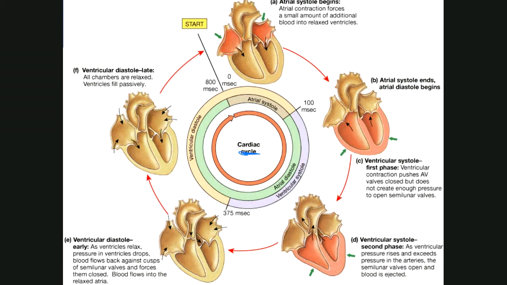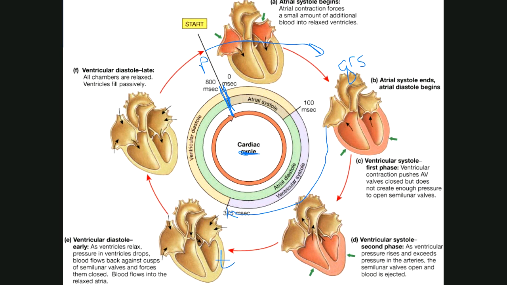So right there is the P wave. That's where the SA node is depolarizing. And so we're going to get the P wave. Right here is QRS. And so remember, the atria are going to repolarize, the ventricles are going to depolarize. And then if we come around here, right here is the T wave.